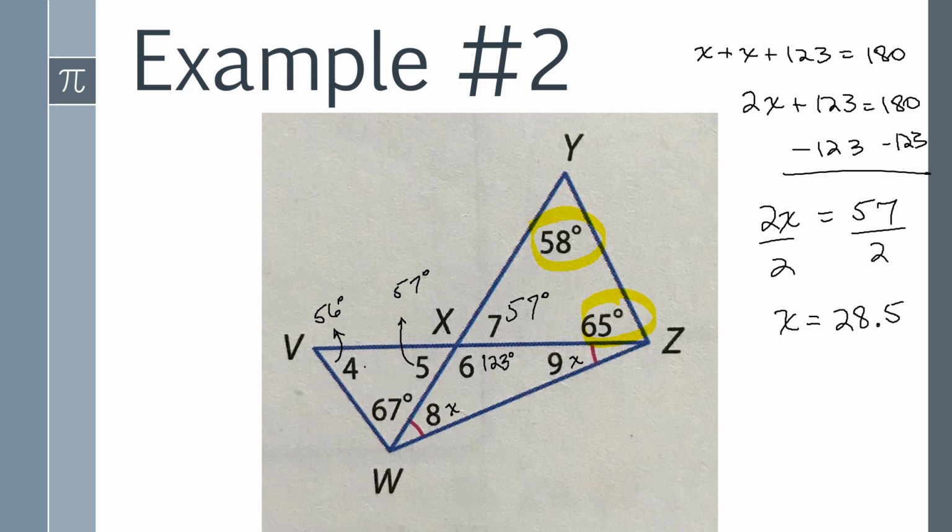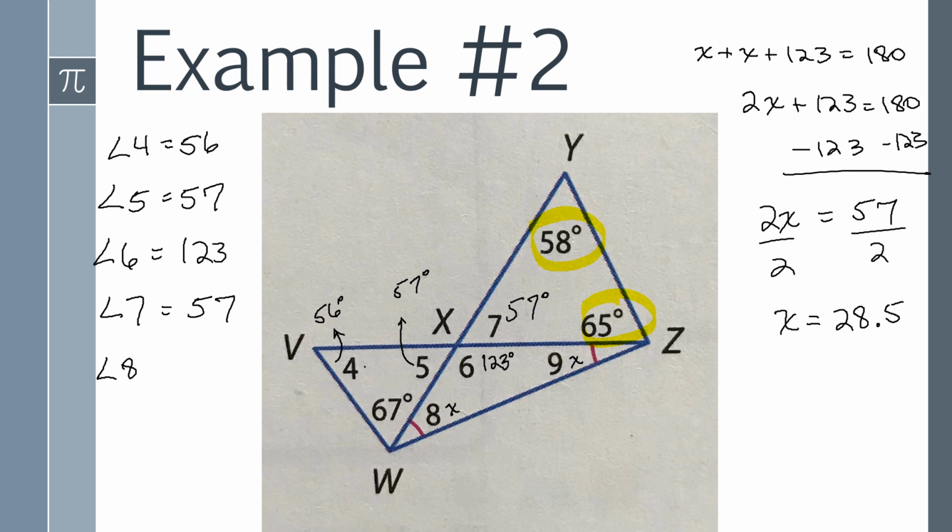So x is equal to, we'll say, 28.5 degrees. So let's list them all here. Angle 4 is 56. Angle 5 is 57. Angle 6 is 123. Angle 7 is 57.